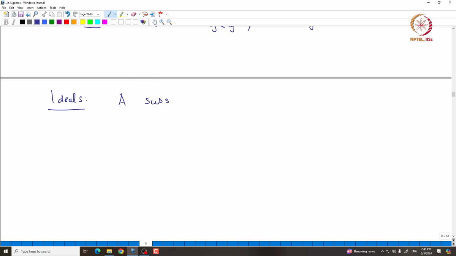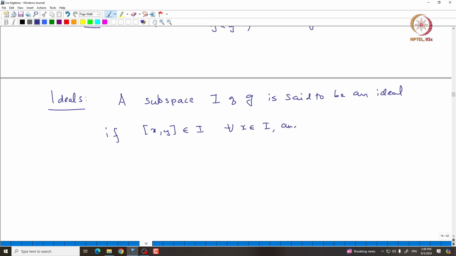A subspace I of G is said to be an ideal if whenever we take the bracket xy, that should be in I for all x in I and y in G. Okay. So, this is very similar to what we define for ideals in general associative algebras.